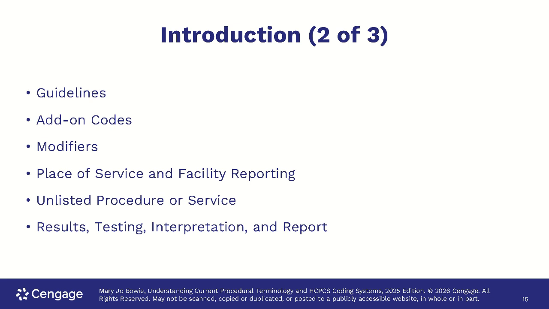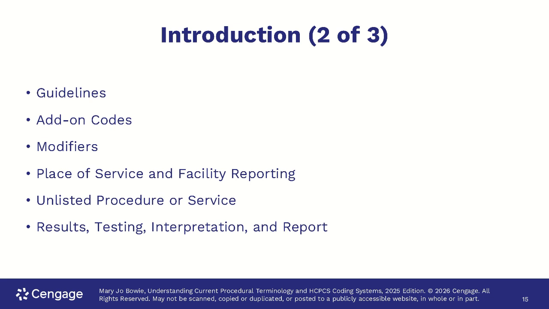Modifiers, which we'll talk about in part two, are added to a code to show something has changed about the code itself. So the description remains the same, but something was altered.